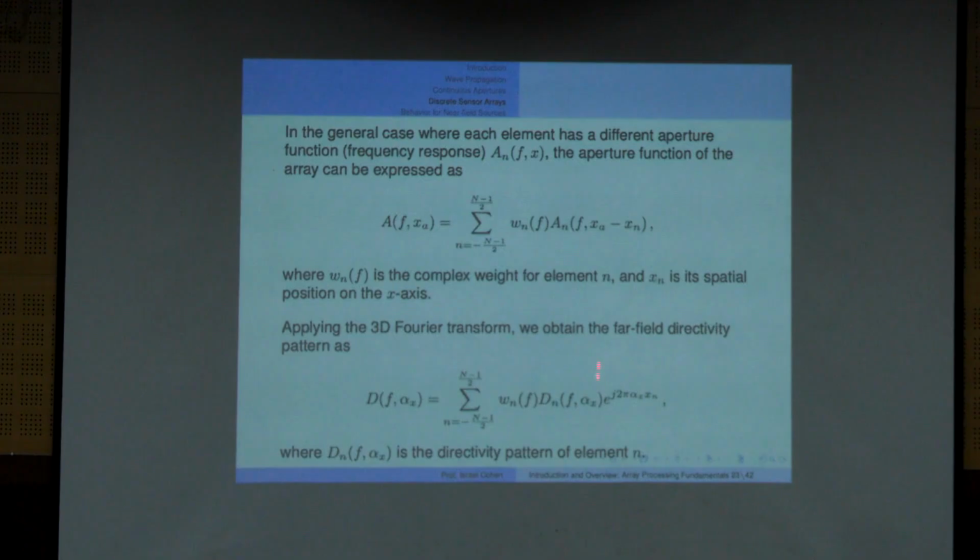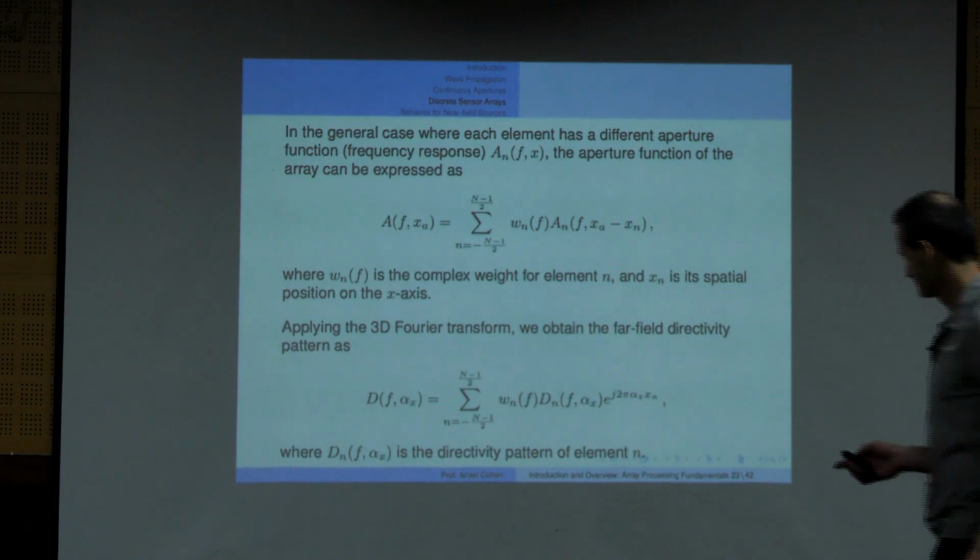Also the directivity pattern will be the summation of the directivity pattern of each one multiplied with the weight, and also we have here this exponent. Why? Because each sensor is in a different position, so this shift of the sensor accounts, after the Fourier transform, for a phase shift because of where it is placed. Okay?